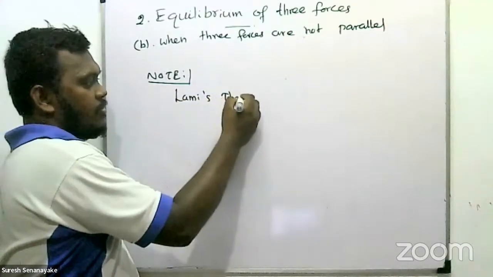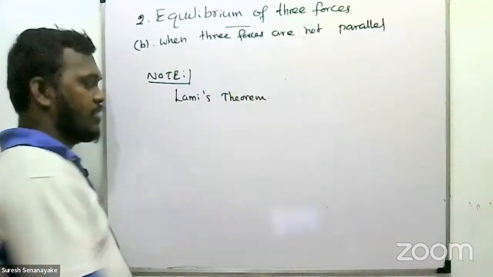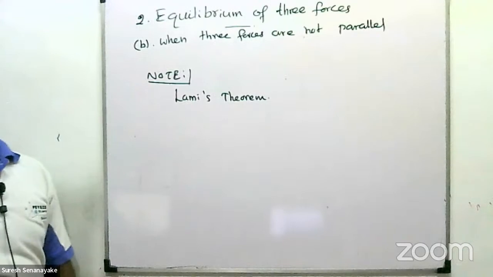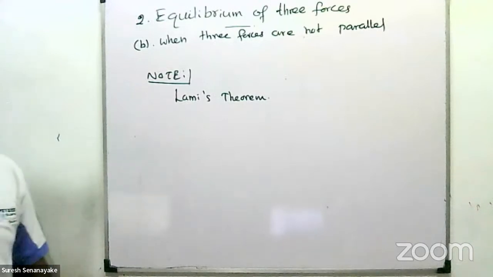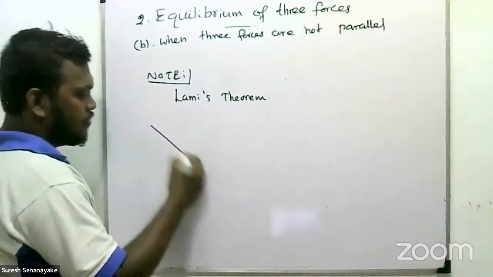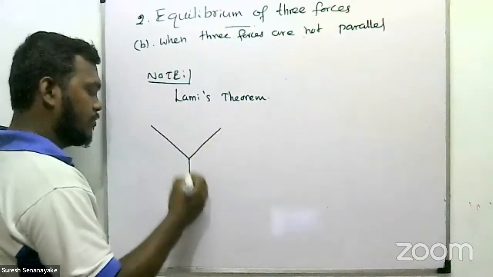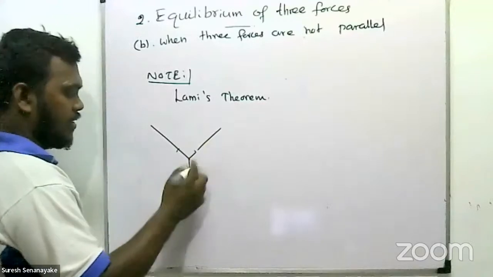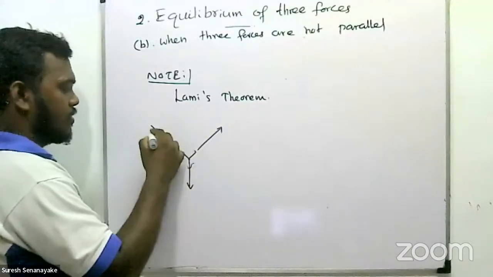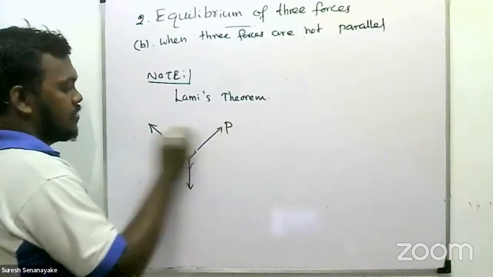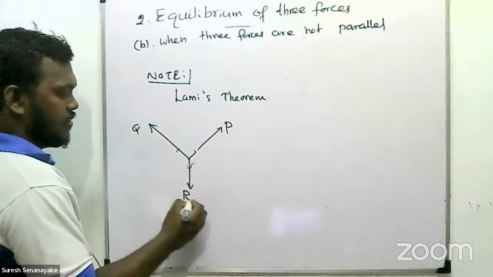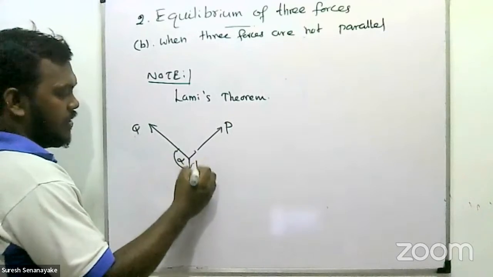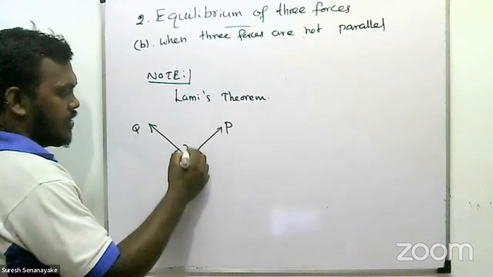Under this condition, Lami's theorem can be applied. This Lami's theorem means, I only write those forces, only mark P, Q, and R, let's say. This angle will be alpha, beta, gamma.